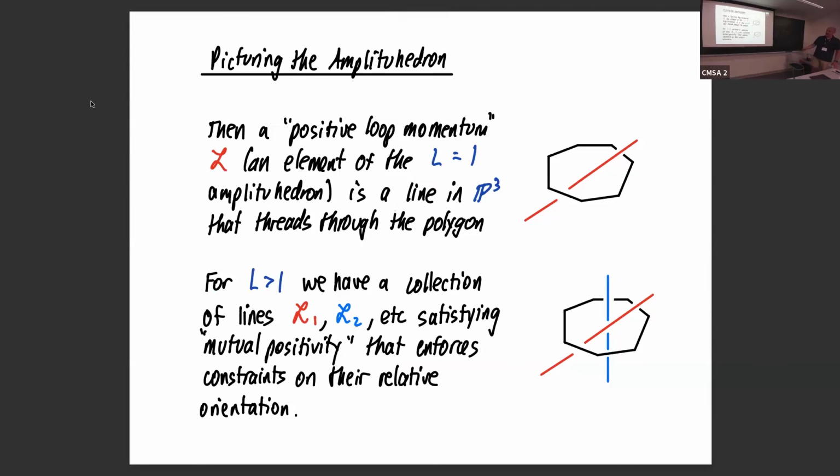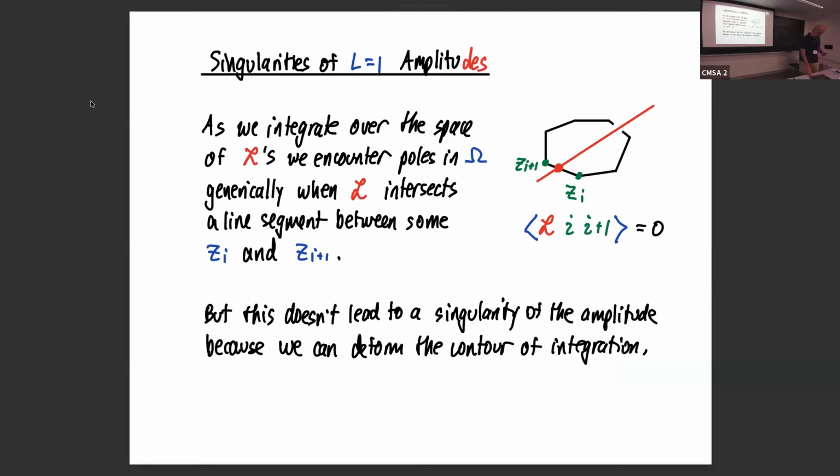So each one has to pass through the polygon, but there's also a mutual positivity condition that enforces constraints on their relative orientations. We heard about this in Yara's talk in the special case of 4 particles, where it's particularly simple. Now imagine what happens as we do this integral.